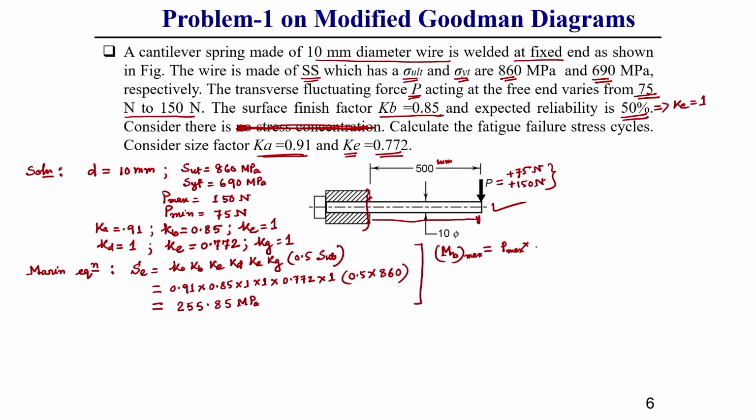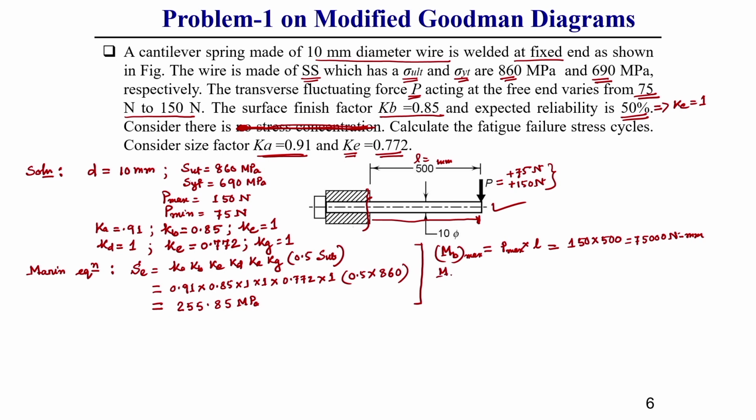So, here P max into distance L, where L is given as 500 mm. This will give us the maximum bending moment, 150 into 500 mm, which is 75000 Newton millimeter. Bending moment unit is like this.